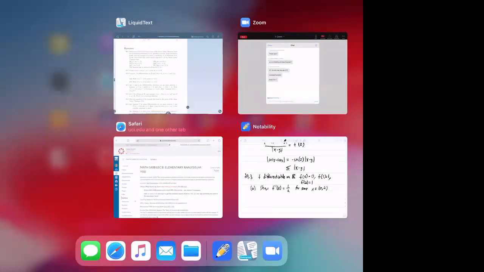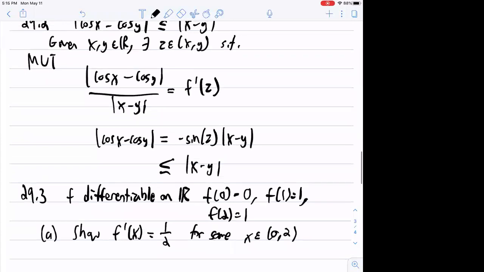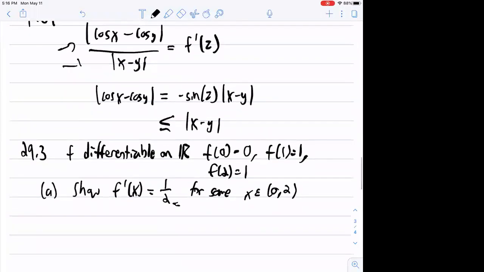So for the mean value theorem, I have change in image over change in domain, right? I want my denominator to be 2. So it's pretty clear I'm going to use 2 minus 0, right?